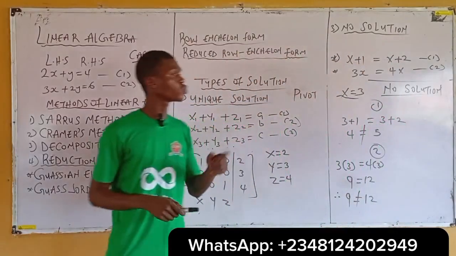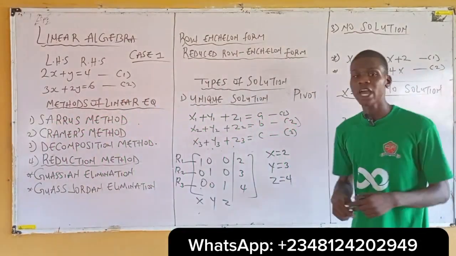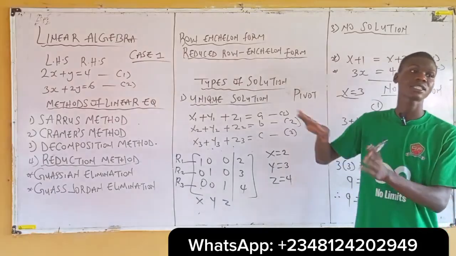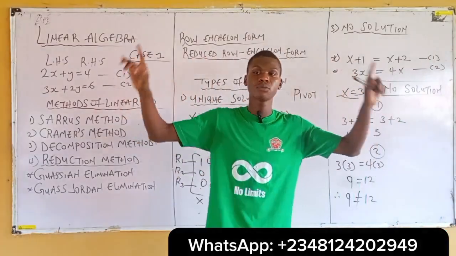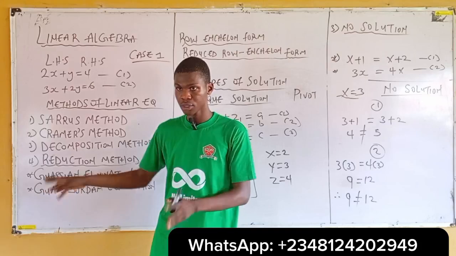So the first one was what? Unique solution. By unique solution, the value of x, y, z that will satisfy that system of linear equations is just one value. Any value aside from that value of x, y, z will not satisfy that system of linear equations, right?